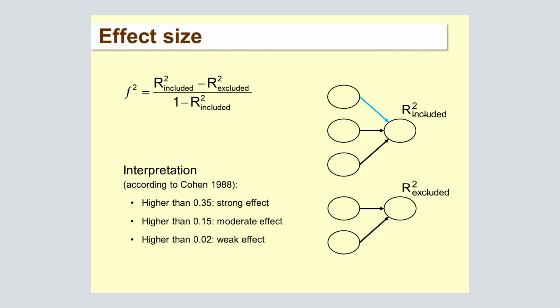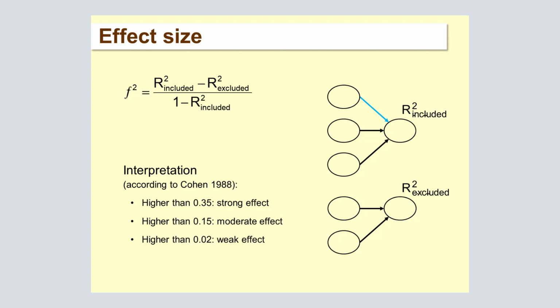A nice feature of the f² is that there are some common thresholds that can be used for interpretation. If the f² is higher than 0.35, one can speak of a strong effect. If the f² is smaller than 0.35 but higher than 0.15, one can speak of a moderate effect.